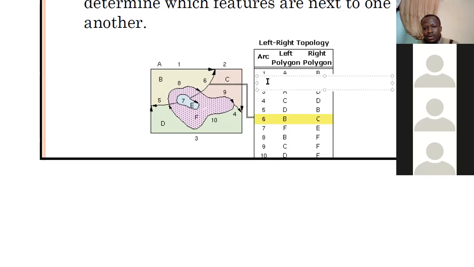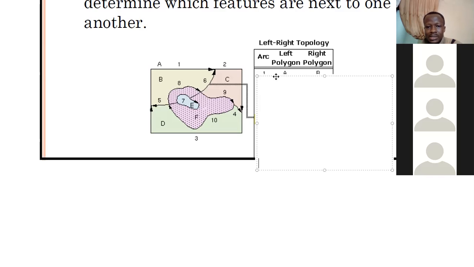What are the polygons to the left and to the right? Assuming that everything outside of this set of polygons, the white area, is called polygon A. So in that case, what is the polygon to the left and to the right for arc number 2?